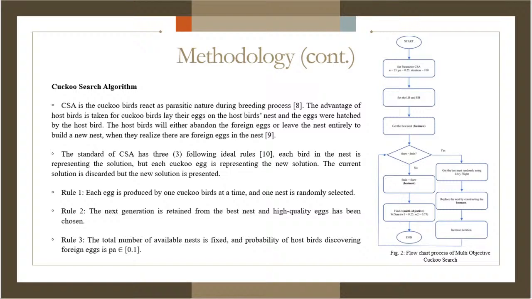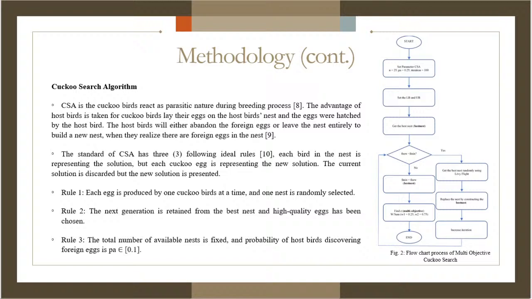The standard Cuckoo search algorithm has three following ideal rules. Each bird in the nest is representing the solution, but each cuckoo egg is representing the new solution. The current solution is discarded when the new solution is presented.